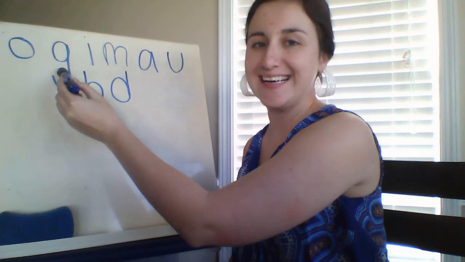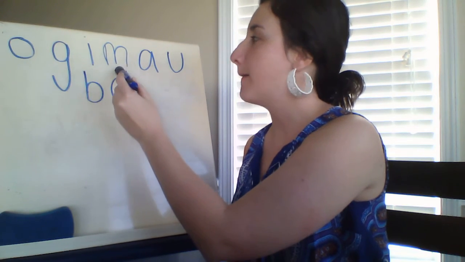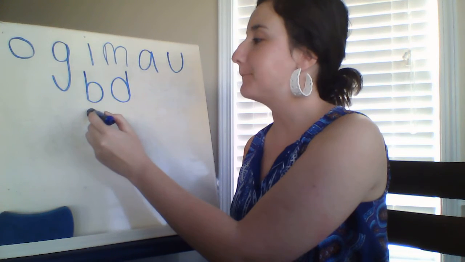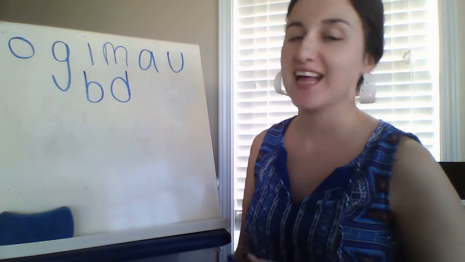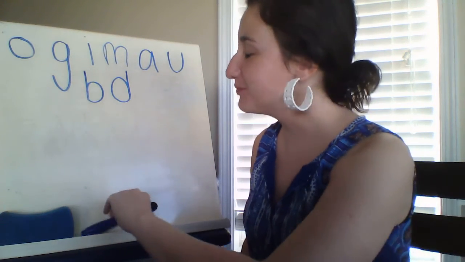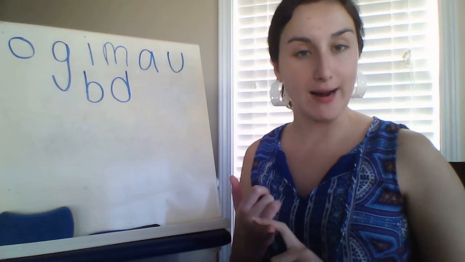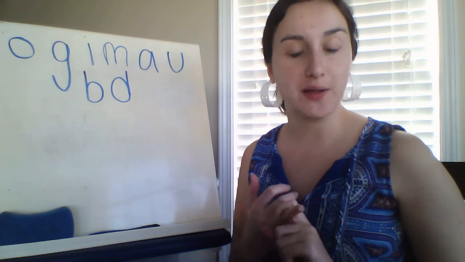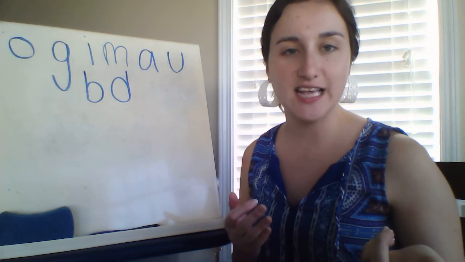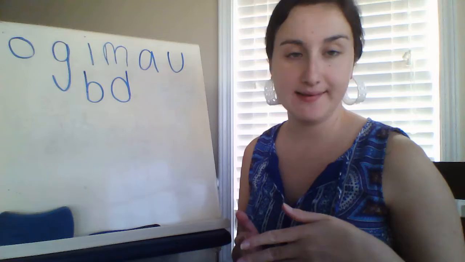A, G, I, M, A, B, D. That's another way to give your learner more practice. So now we have read sounds and we have spelled sounds. The next portion of the lesson is going to be reading words.